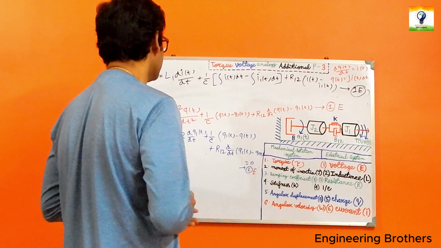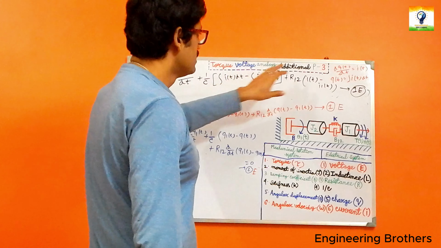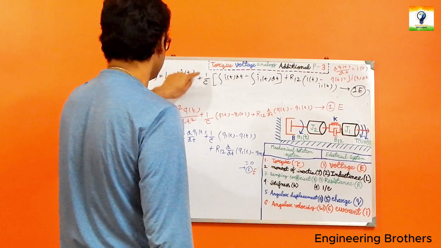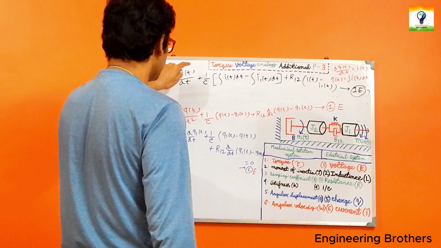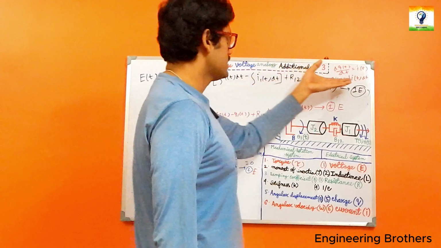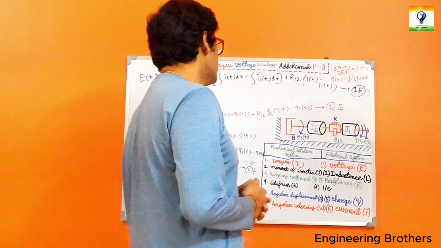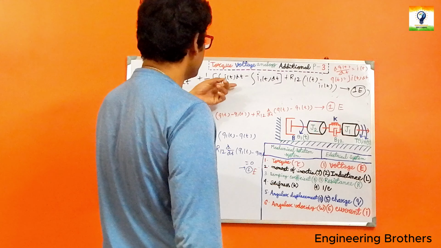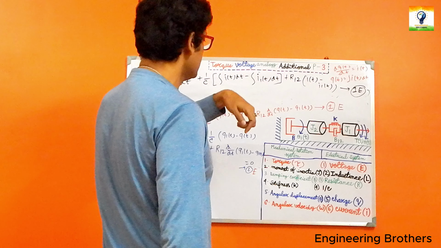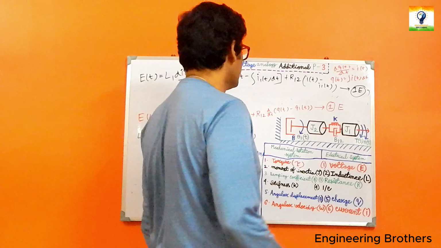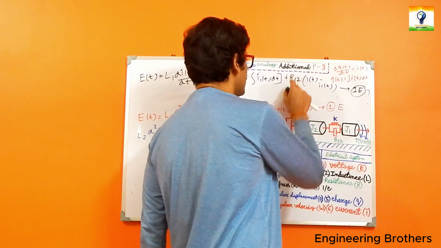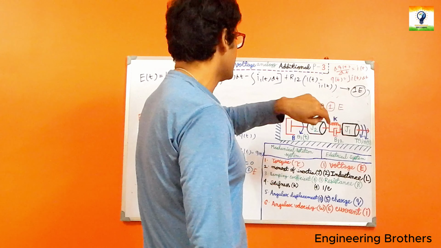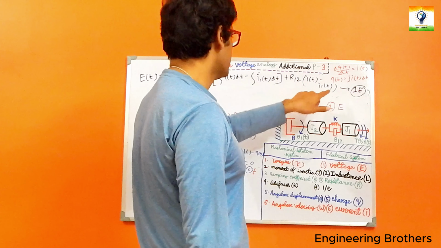What we have done here is utilize dq(t) by dt and replace it with i(t). So this one will be d by dt of i(t), and this one will be 1 by c, and instead of writing q(t), I have written that q(t) is equal to the integration of i(t) dt. So I have written the integrals of i(t) dt and i1(t) dt, and for this term we have written that R12 times d by dt of q(t) means i(t), so it will be i(t) minus i1(t).